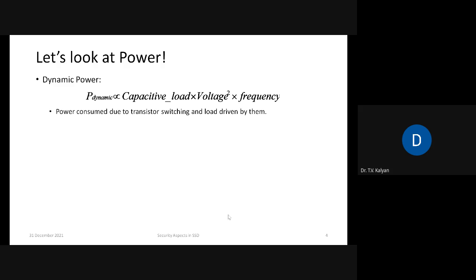Dynamic power is the power that is consumed when the transistor is switching, and when the transistor switches is based on the operation that it is trying to be part of. So dynamic power is usually considered as useful power, meaning that this power is spent doing the work that we assign the circuit or the processor to do.